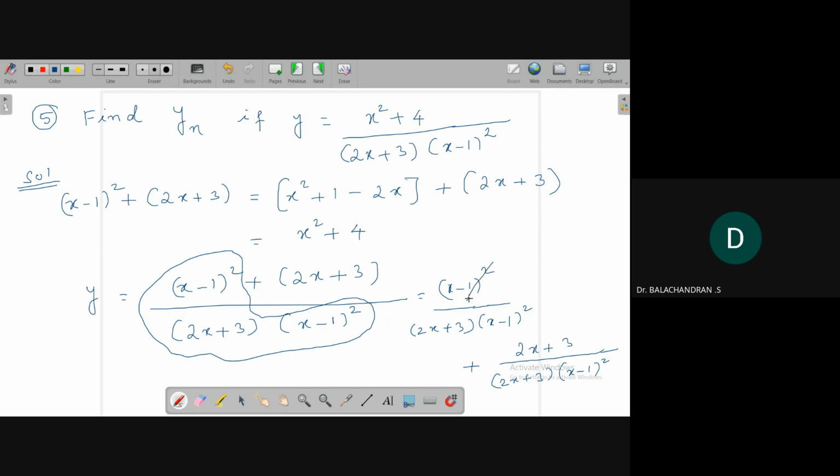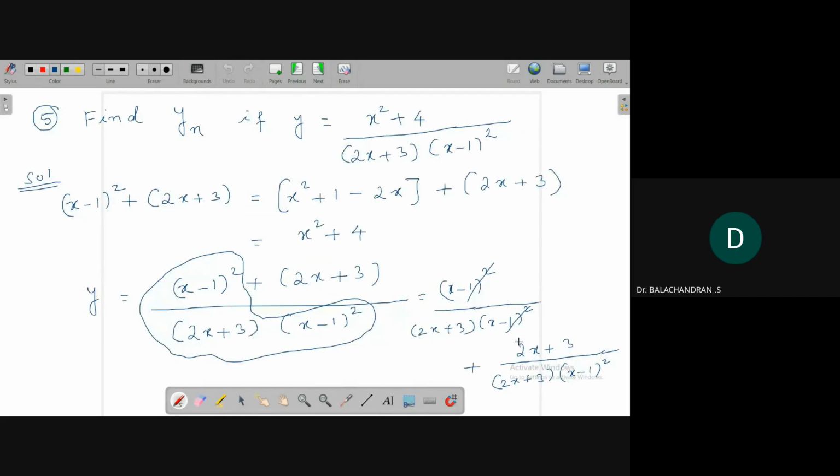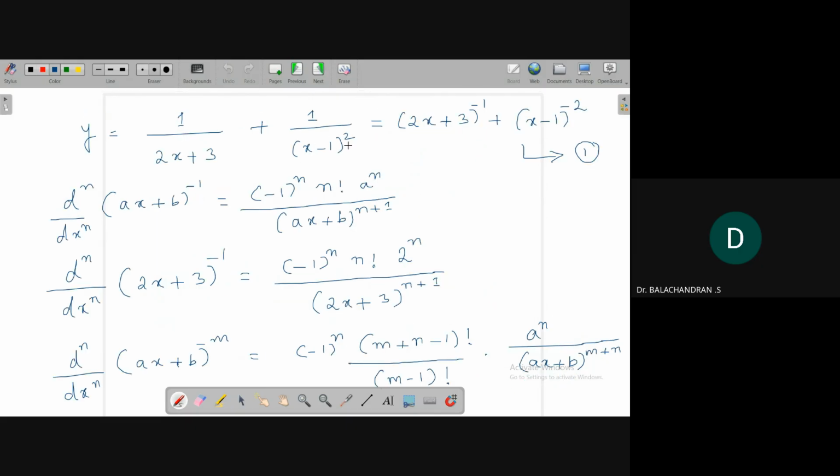So (x minus 1) whole square gets cancelled, giving 1 by 2x plus 3, and then here 2x plus 3 gets cancelled, giving 1 by (x minus 1) whole square.